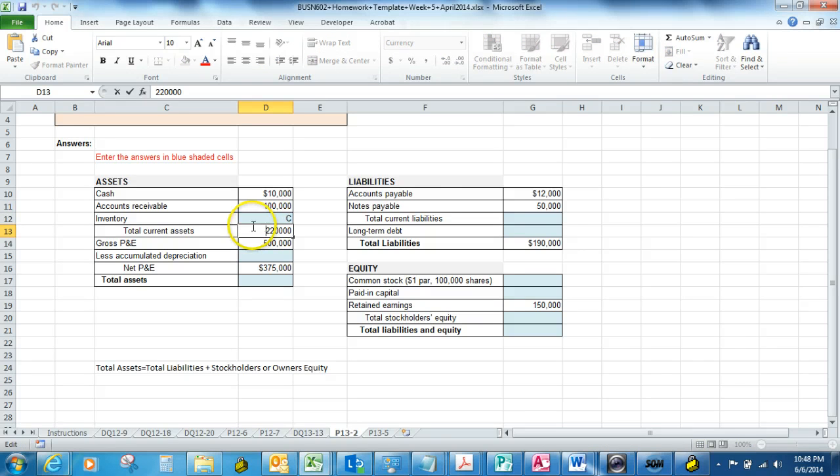So in order to find out inventory, all we have to do is subtract from our total current assets to get our inventory here. Okay, so we're going to put in an equal sign here, and we're going to click on our total current assets and subtract both of these back out.